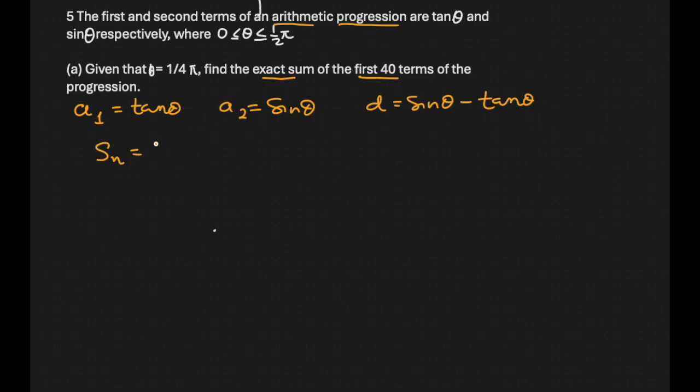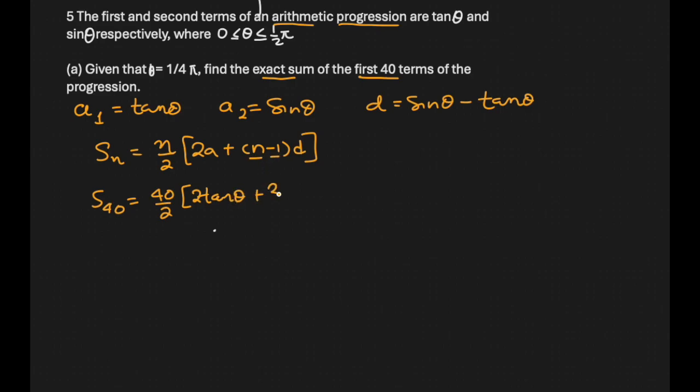So the sum of an AP is this, n over 2, 2a plus (n minus 1)d, right? So S40 will be 40 divided by 2 times, first term is tan theta, 2 tan theta, plus 40 minus 1, 39, and d is sin theta minus tan theta.